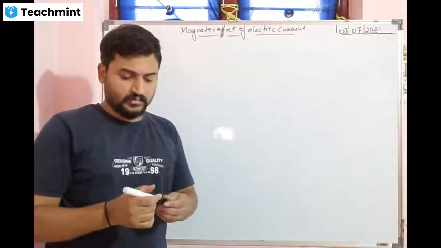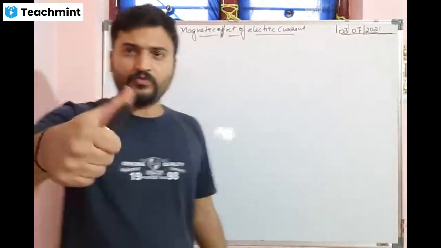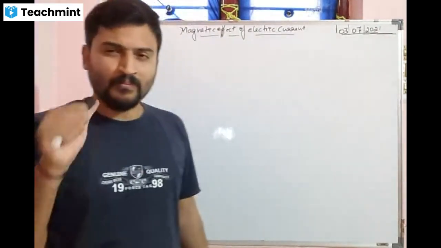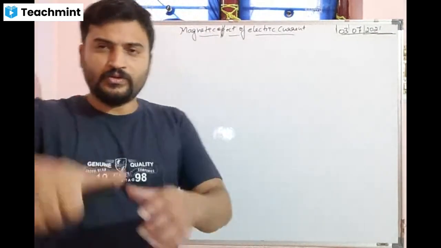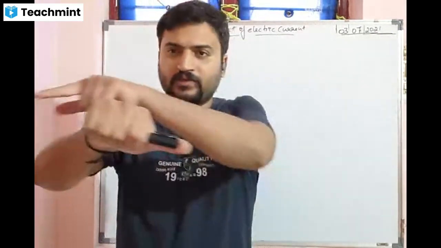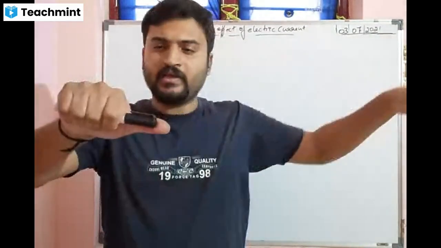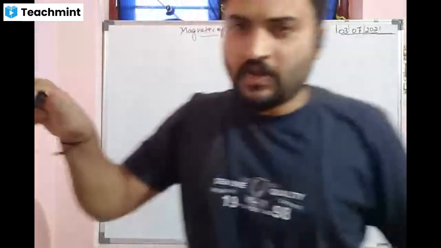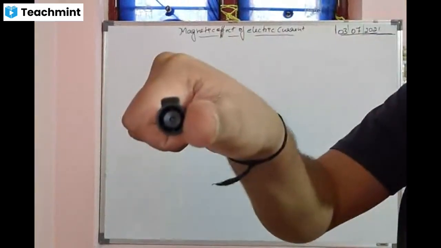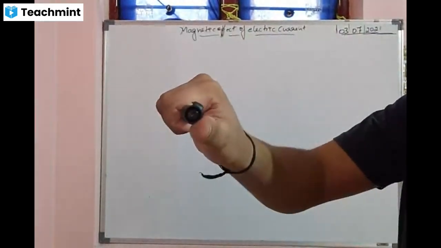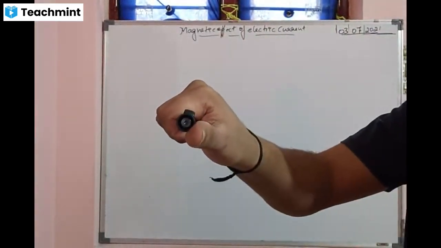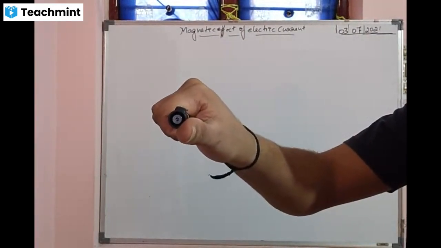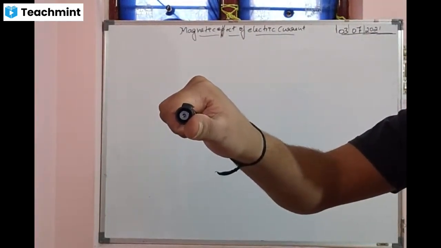Right hand thumb rule. Did you see it? Right hand thumb rule. All of you were holding your pen like this. Your thumb represents the direction of current. The current goes from this side to that side. Your fingers will represent the magnetic field around it. Now it is coming towards you. Look at the fingers. Are they clockwise or anti-clockwise? Anti-clockwise.